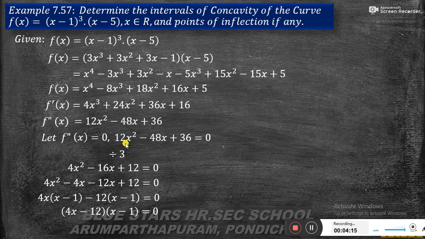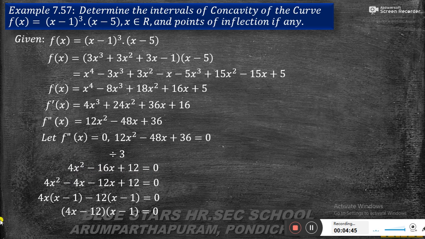You see 12, 48, 36, everything is a multiple of 3, so I divide by 3. 12 divided by 3 is 4, so 4x square, minus 16x, plus 12 equal to 0. In the next step, 4x square minus 16x plus 12 equal to 0.